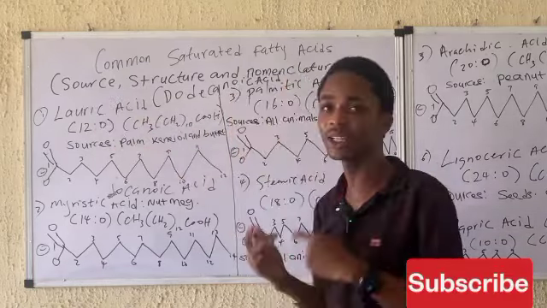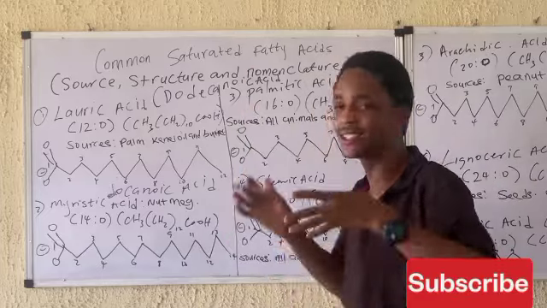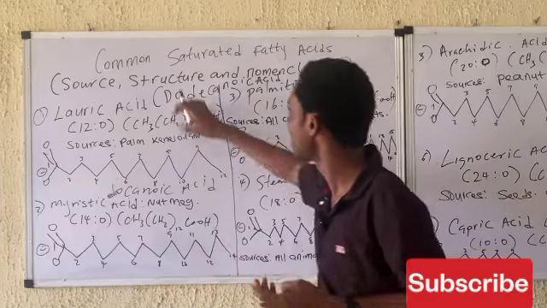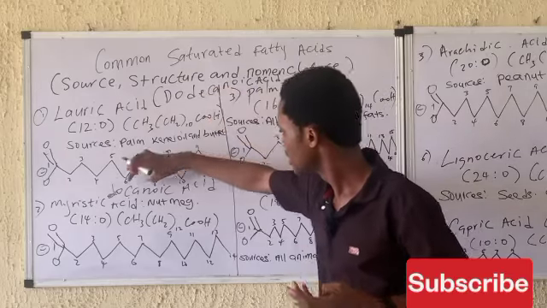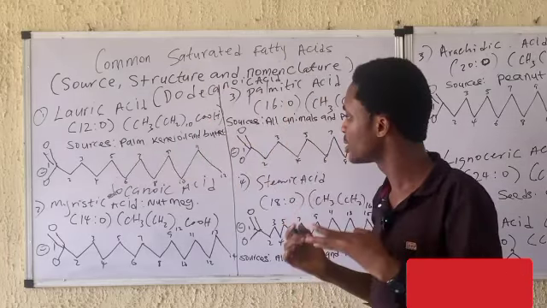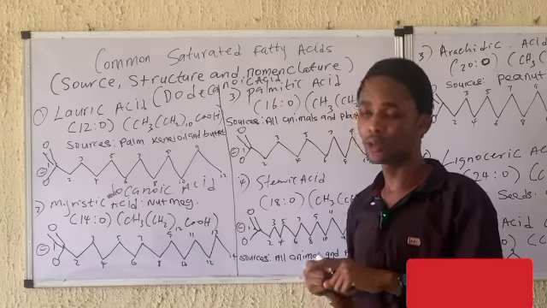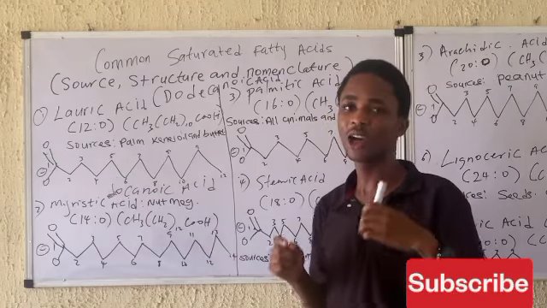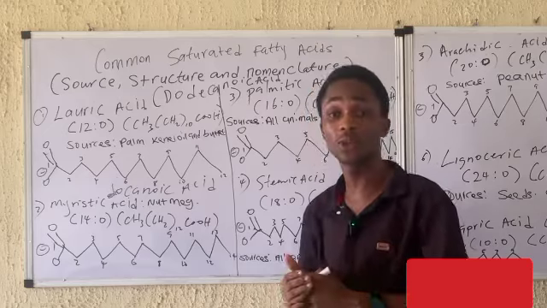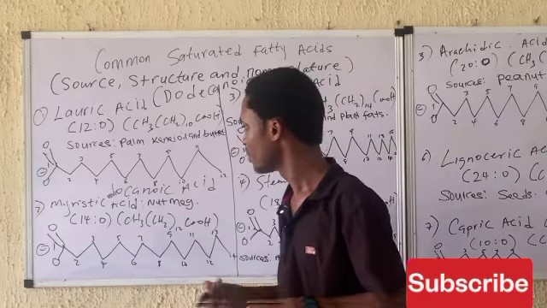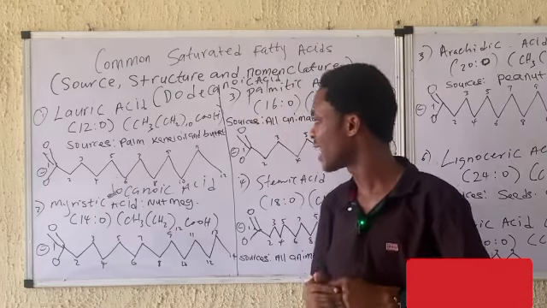So 12 carbons under the alkane series is dodecane. Since it's an acid, due to the presence of the carboxylic group, it is dodecanoic acid. So if they ask you any question, what is the IUPAC naming of lauric acid? It is dodecanoic acid.